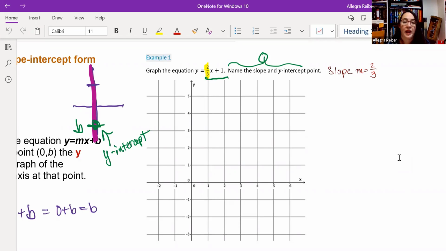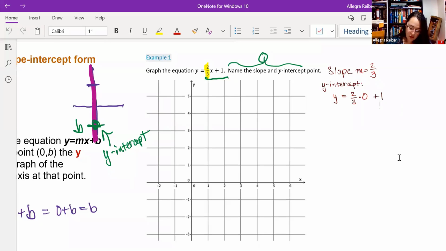Next, I need the y-intercept point. Remember, that is the point where the x coordinate is 0. So I can evaluate the equation of this line when I substitute 0 for x to remind myself of what that b is. So for the y-intercept point, I'm going to take y equals 2/3 times 0 plus 1.